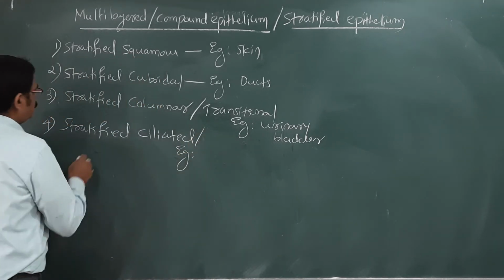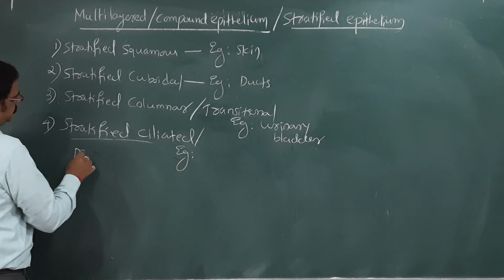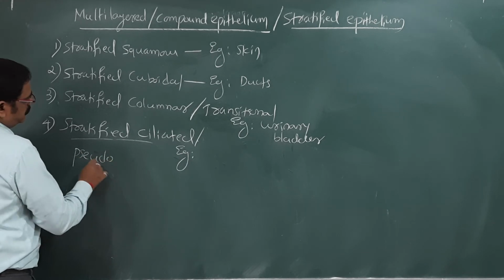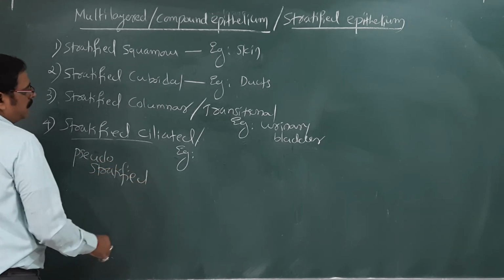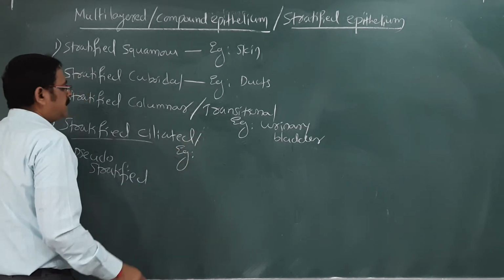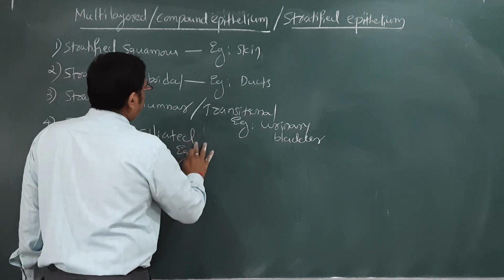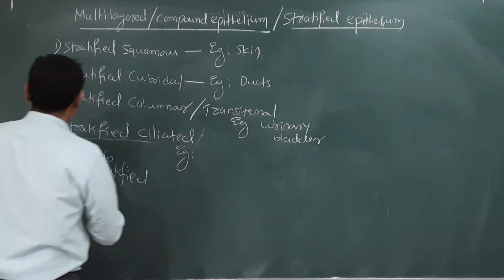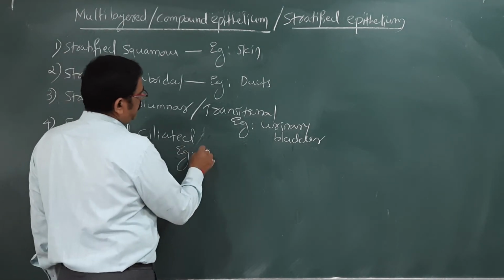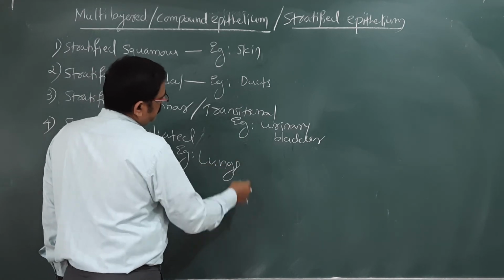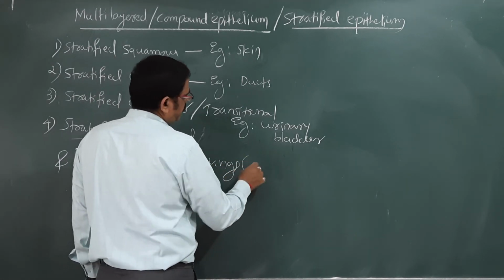Then there is one more, referred to as pseudo-stratified. Stratified ciliated epithelium as well as pseudo-stratified epithelium is mainly seen in the lungs, especially the alveoli.